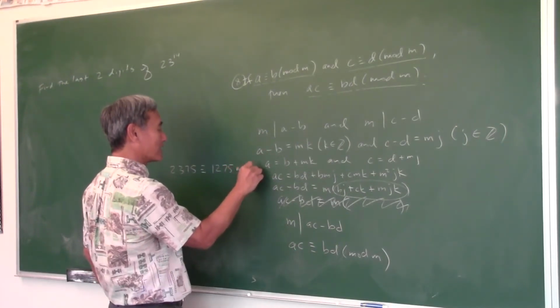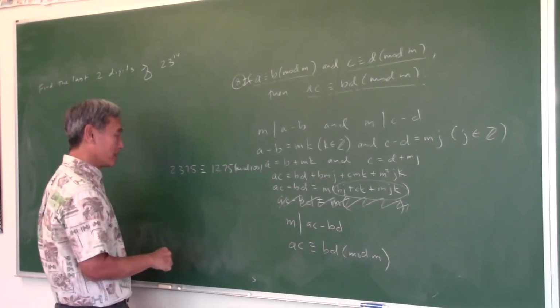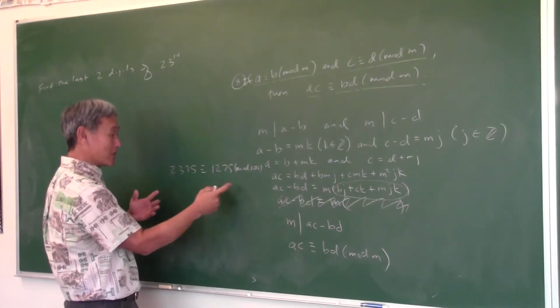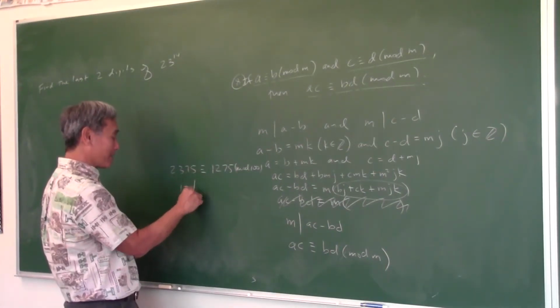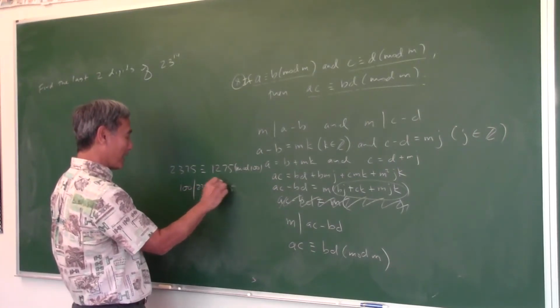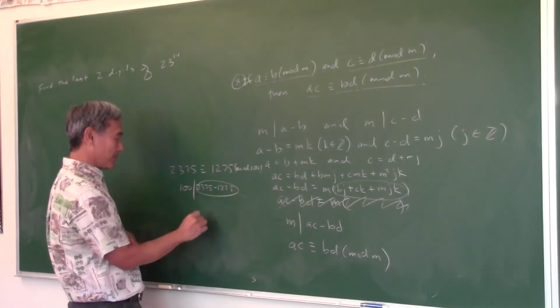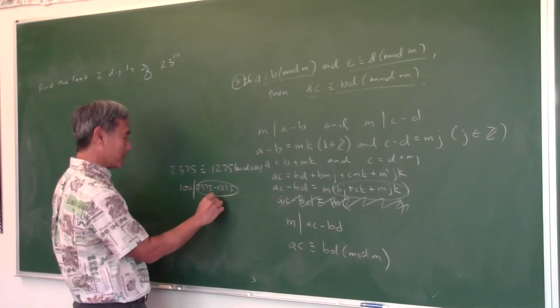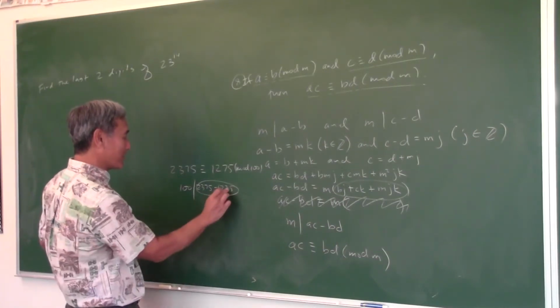Why would they be congruent in modulo 100? What's the definition? 100 is a factor of 2375 minus 1275, and what is that?